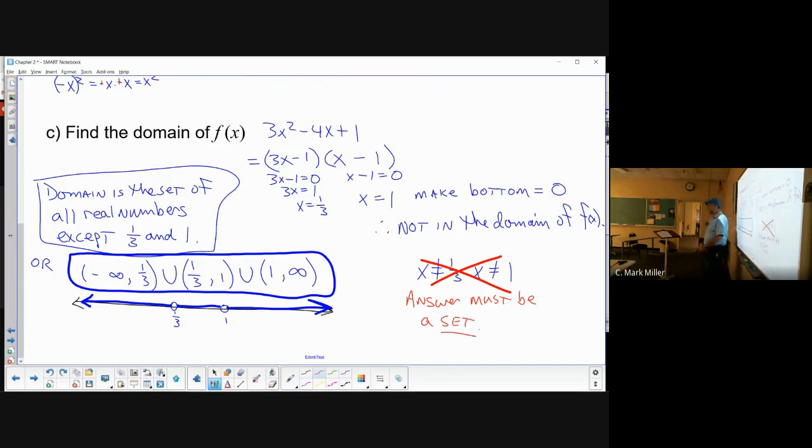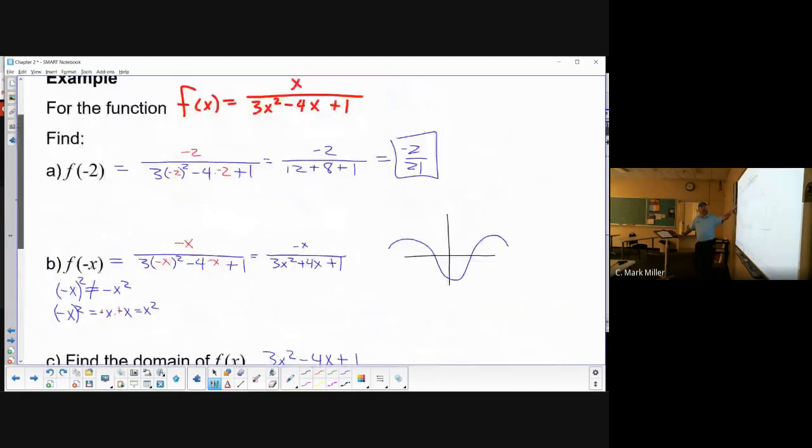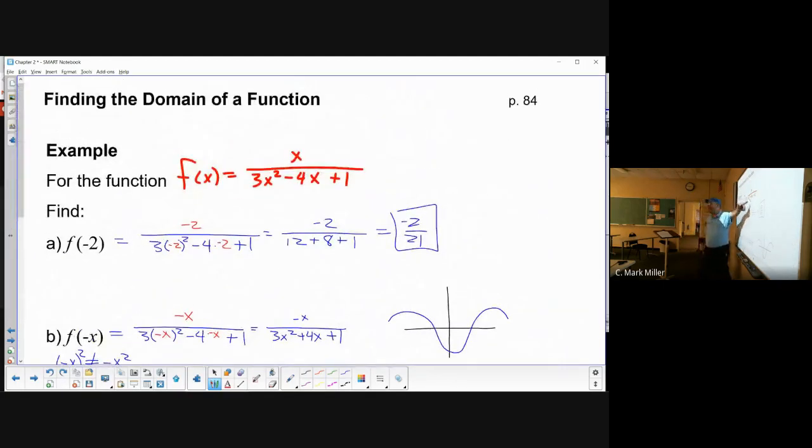You must describe a set. That's true for domain or range. So we took a look at the places that made the denominator 0. That makes it undefined. Those cannot be in our domain. It's like asking Walmart how much minus 300 minutes a month is on their cell phone plan.